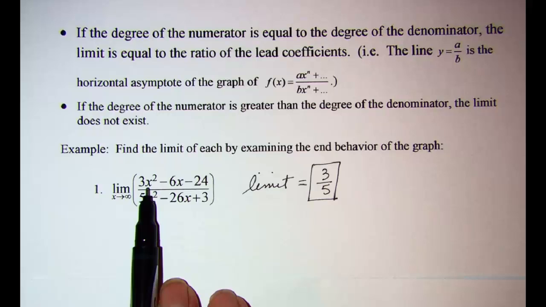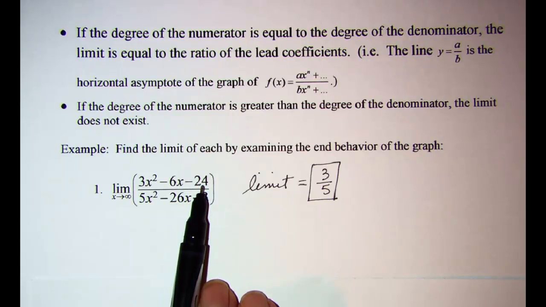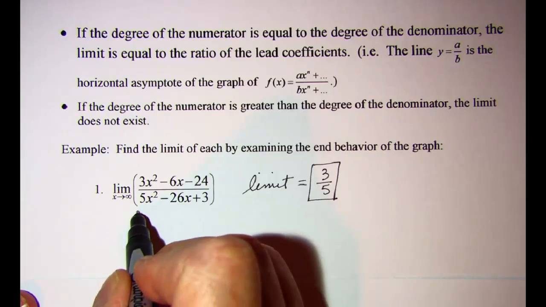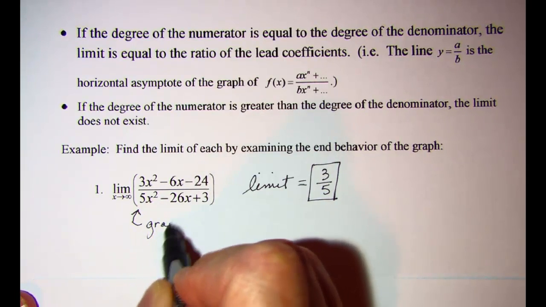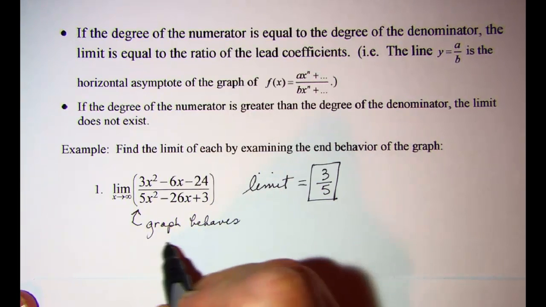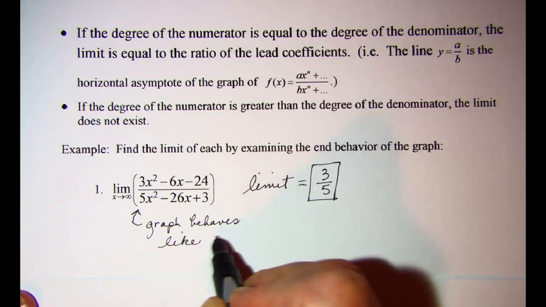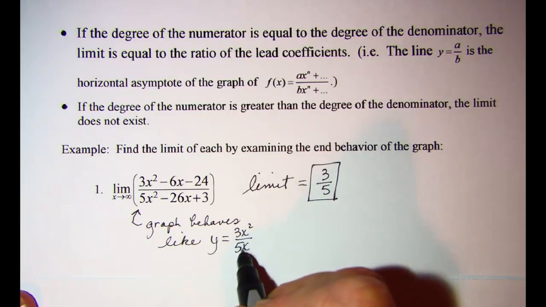When you square a number that's really, really big, subtracting smaller numbers is not going to affect it that much. So this graph behaves like y equals 3x squared over 5x squared.